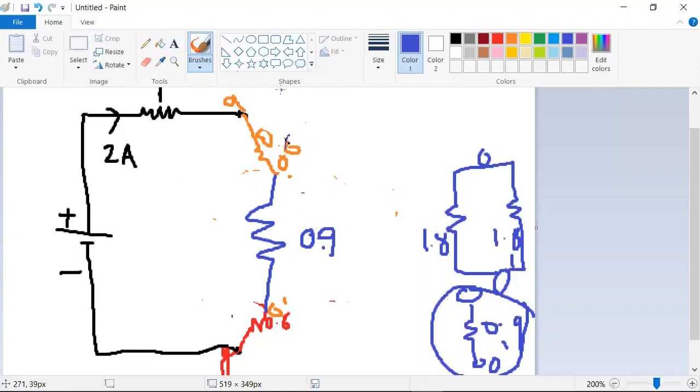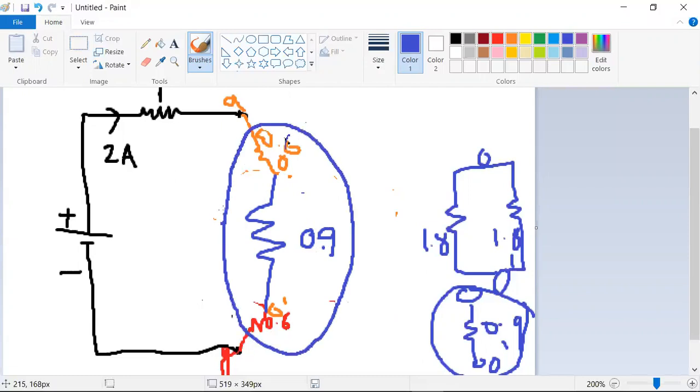Hope you follow, on the line, right? So here the 0.9 plus 0.6 plus 0.6. Hence the value will be how much? These three look like they are in series. 0.6, 0.9 plus 0.6. It's not 3.1, it should be 0.6 plus 0.6 plus 0.9.